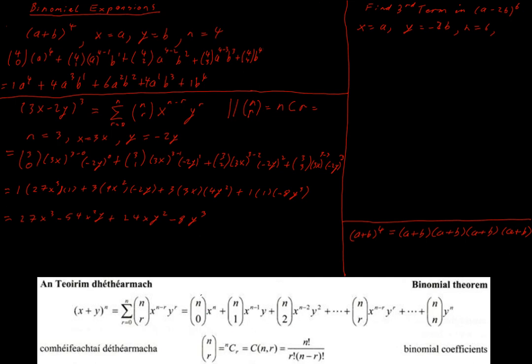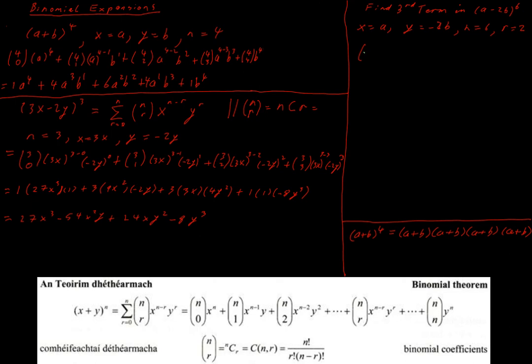Our first term has r is 0. Our second term has r is 1. Our third term has r is 2. So we just need to be careful. Our third term will have r as 2 because r starts at 0. Once we have that, all you need to do is sub into this version of the formula.